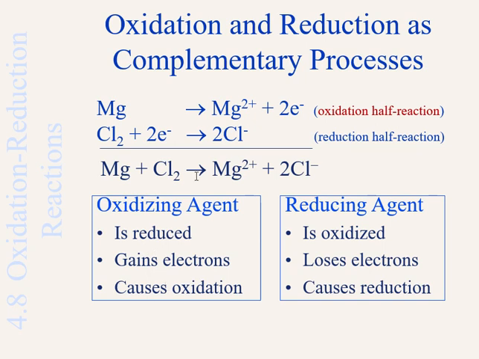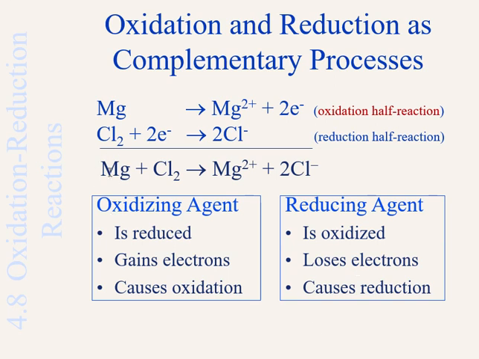So if you look at this reaction, who is getting reduced? Who ends up gaining electrons? It's chlorine. So instead of calling chlorine the one who gets reduced, we can call it the oxidizing agent. Similarly, the reducing agent is the one who gets oxidized, loses electrons and causes reduction. Magnesium is the reducing agent.